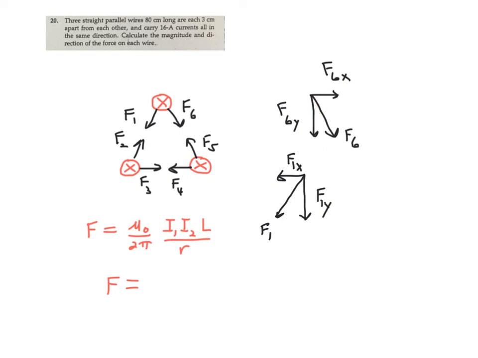And I know these angles from the geometry of the problem. That's 60 there and 30 there. I know this F6 from this computation down here at the bottom. So I figure out F6y, the y component of F6, which is down. So let's just say it came out to be 15. Well, then the final answer will be 30 newtons because those two vector components are adding together.